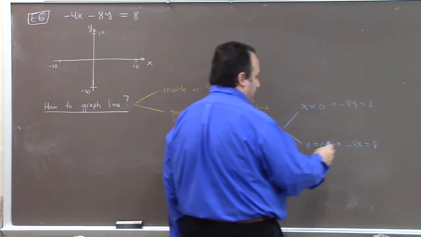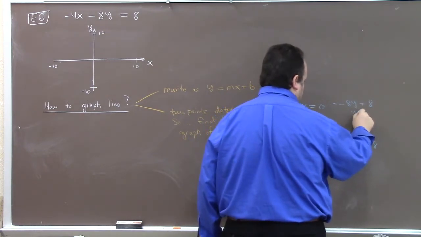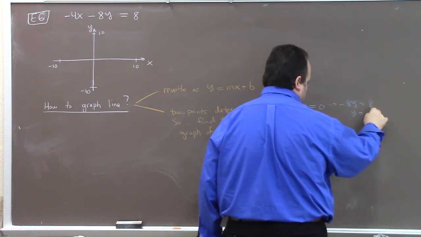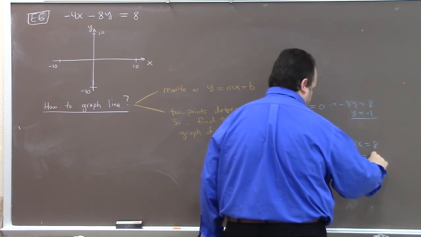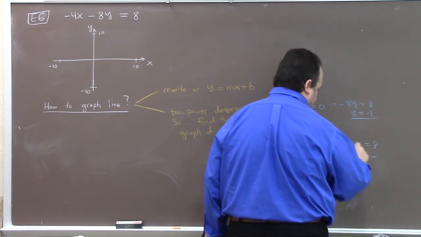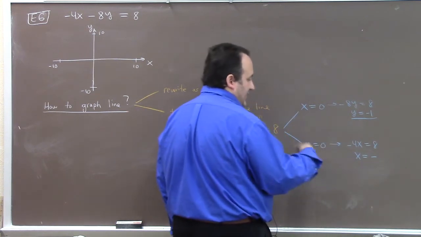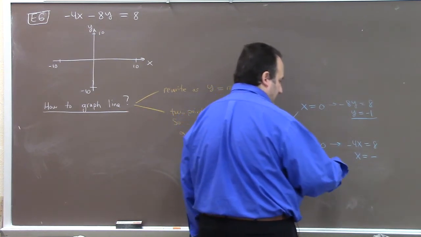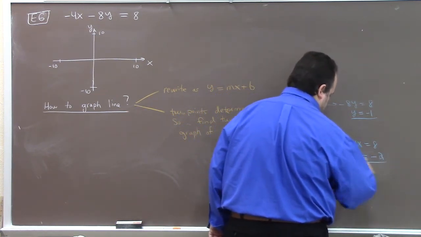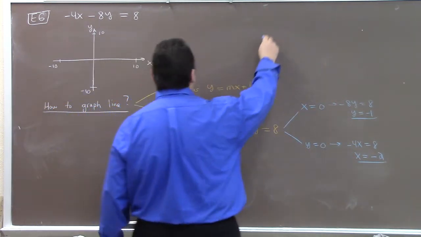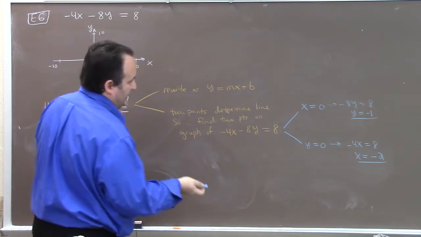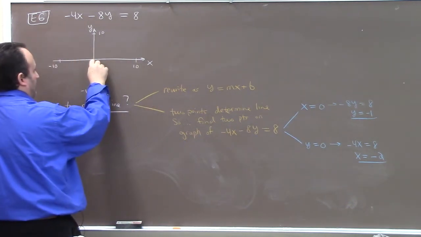So the y-intercept is minus 1. The x-intercept is minus, well, 8 divided by 4 is 2, right? So minus 2. And so the graph, I said my y-intercept was minus 1, right?